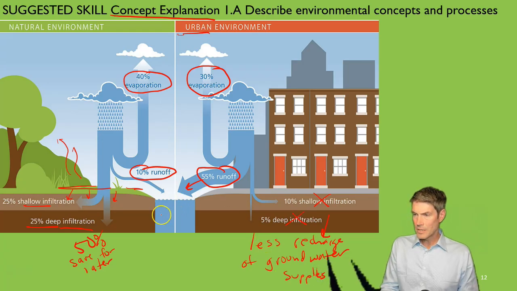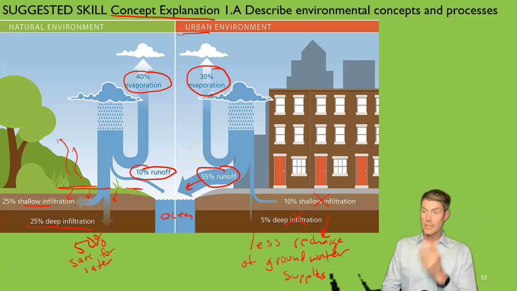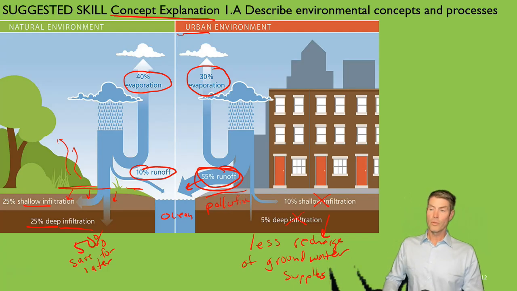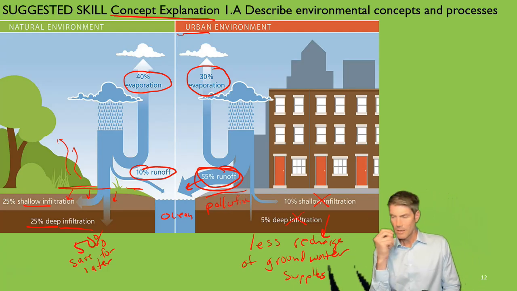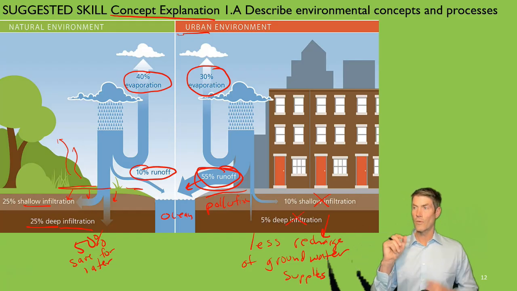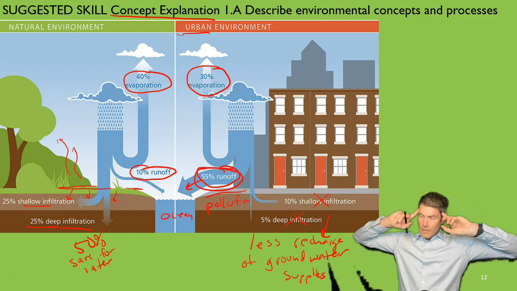And remember, this just goes to the ocean, so essentially that water is wasted. Plus, since you have all this runoff, there's all this non-point pollution from the city streets, and that's going into the rivers and eventually out to the ocean. So that's a concept.